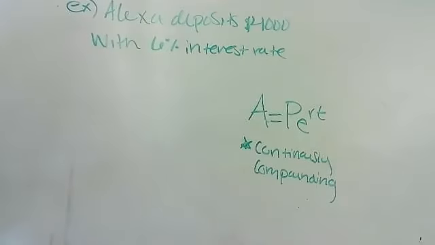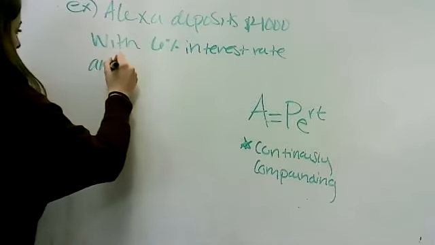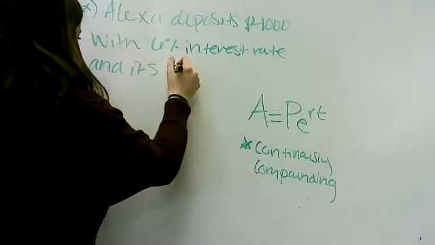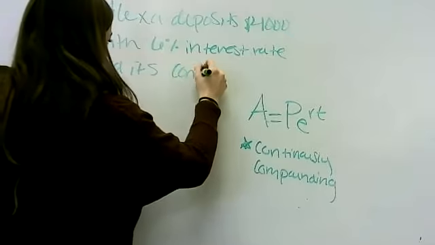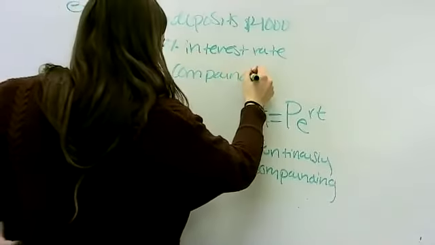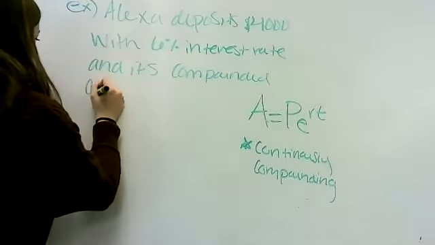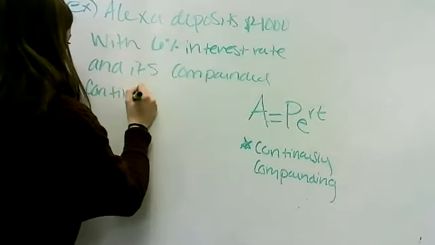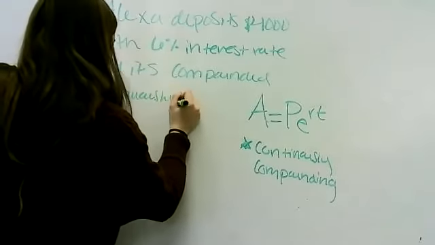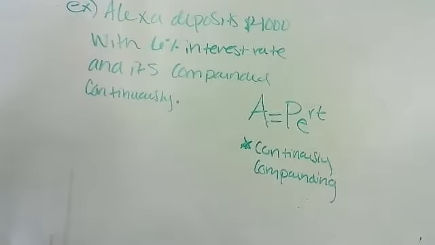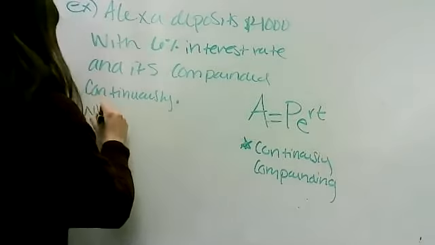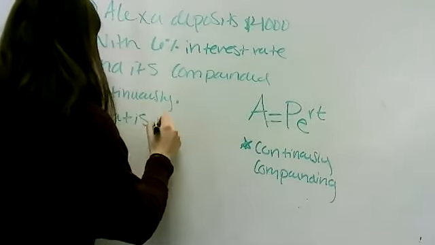It's compounded annually. Not annually, continuously. So what I want you to do is find the balance in her account after 1 year.